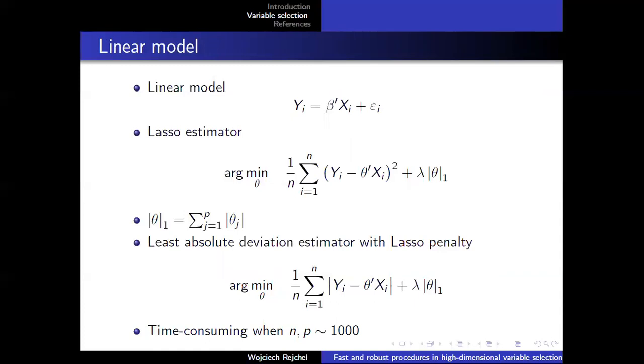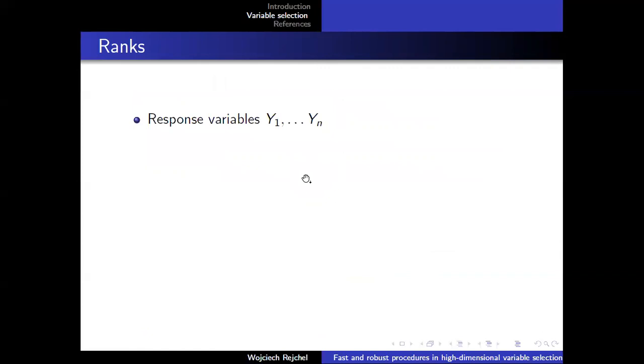So it was our motivation. We wanted to find a procedure which is as robust as this estimator, but at the same time, is computationally as fast as the lasso. And our idea is very simple, I think. We use ranks, which are very well known in non-parametric statistics.